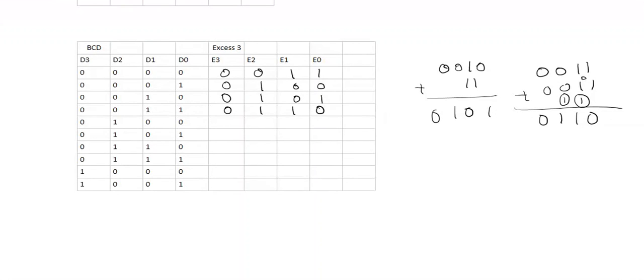Similarly for 4 plus 3, that is 0111. Then 101, that is 5 plus 3 is 8, so 1000. Then after 1000, 1001.